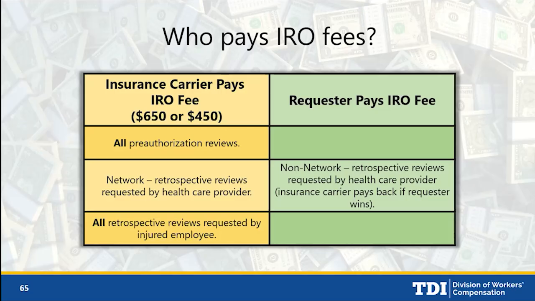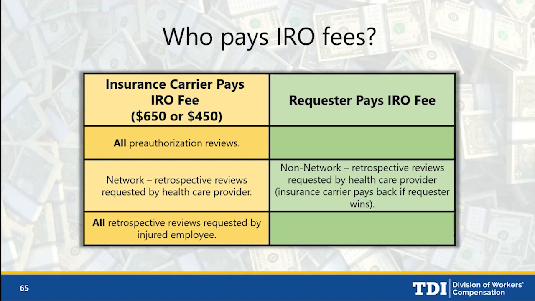On the left-hand side in the yellow, these are all the situations where the carrier is going to pay the IRO fee. It's either going to be $650 or $450, depending on the type of review being done. The carrier will pay the fee associated with all pre-authorization. If it's a pre-authorization review, you are not going to pay the IRO.